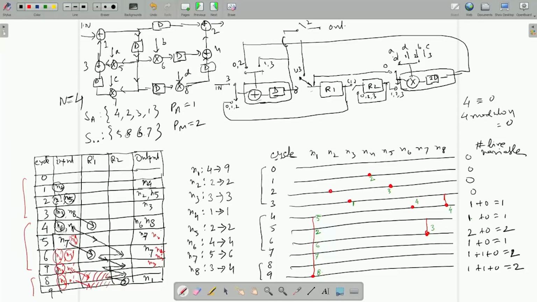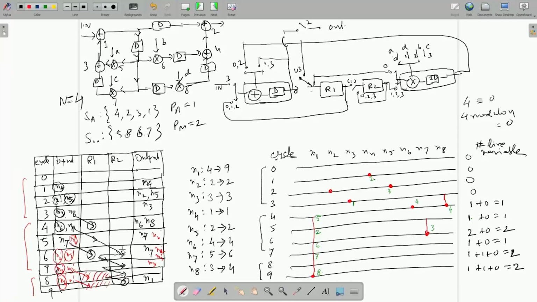Now, what is happening? Look at this table. 4 it goes to the input of R1. So, in cycle 5 it comes to the output of R1 and is stored, 2, then it is giving to R2. Okay, R2. So, cycle 6 it will come to the output of R2.